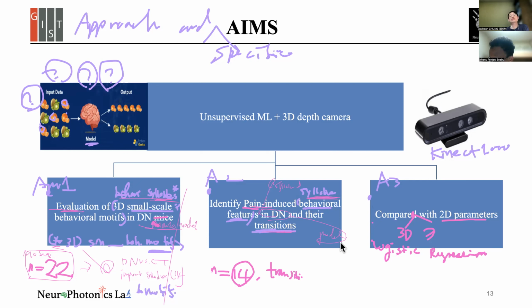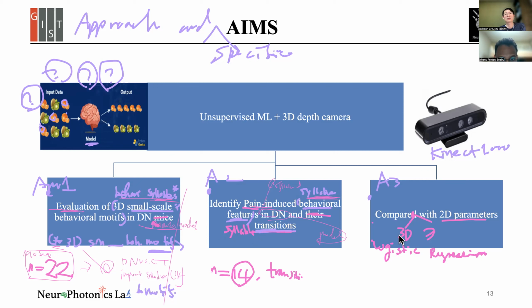Why don't you put that as a reference too? One is MOSIC, which is about syllables. The other is the transition of this. Syllable transition. Okay.